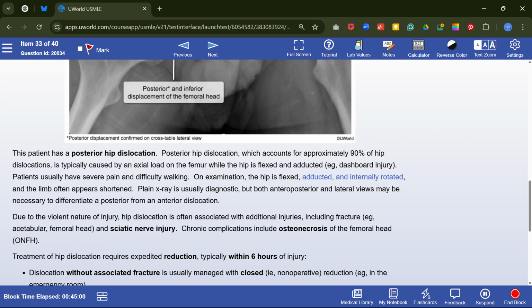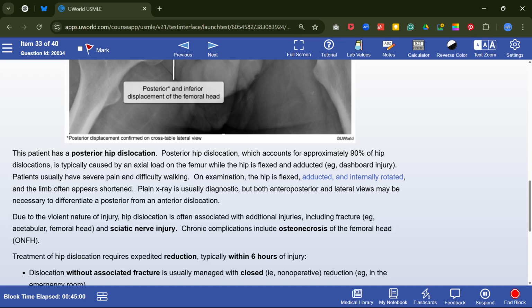So this patient has posterior hip dislocation. Posterior hip dislocation accounts for approximately 90% of hip dislocations and is typically caused by an axial load on the femur while the hip is flexed and adducted.